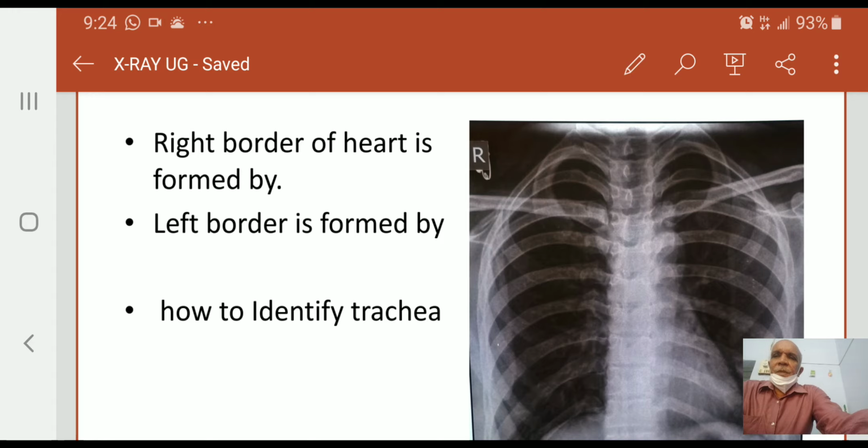The right ventricle doesn't take part in forming the right cardiac border. The left border of the heart is formed by the aortic knuckle, main pulmonary artery, left atrial appendage and left ventricle. So the left ventricle takes part in forming the left cardiac border, but the right ventricle doesn't take part in forming the right border of the heart.